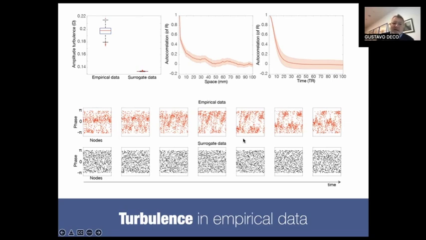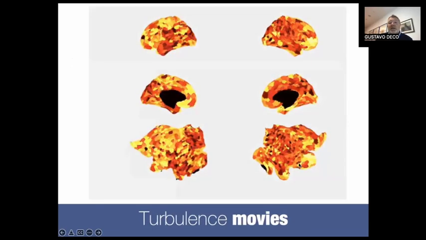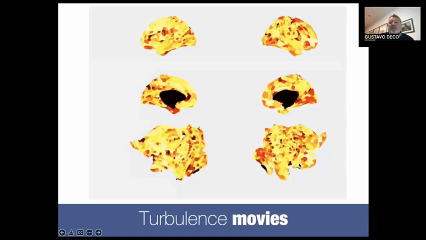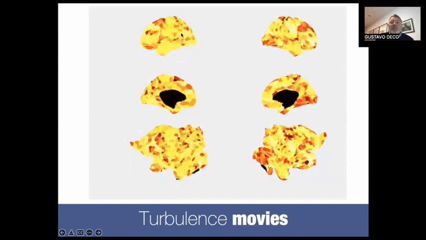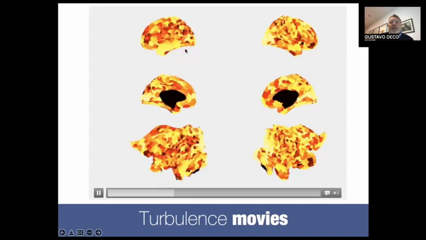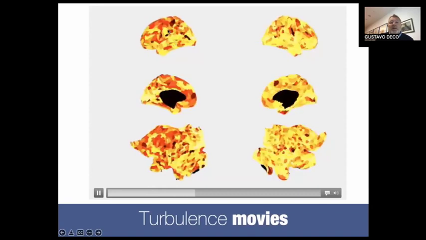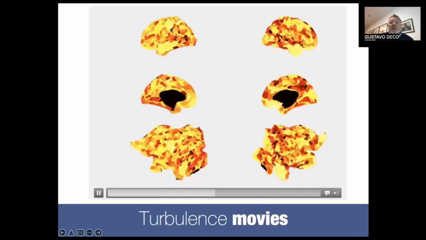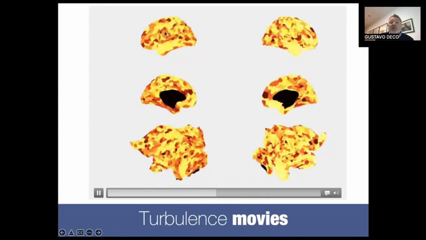We can even model that. I'm not showing that, just in the interest of time. If you compare that with the associated surrogate, then you see that there is no such vortex structure. So this is what they call the Hollywood version of that. It's just the rendering of the local Kuramoto order parameter for a particular subject of the HCP data set, showing across space and across time how this different level of local synchronization is changing.